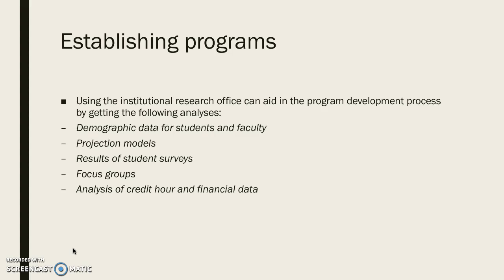One school in Florida actually used their institutional research office to revamp or actually restart their engineering department. It had been a couple of years and they wanted to reboot it, and it was through these types of analyses that they were able to revive their engineering program.